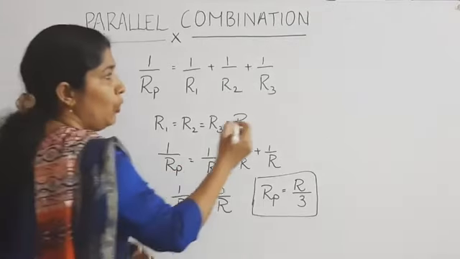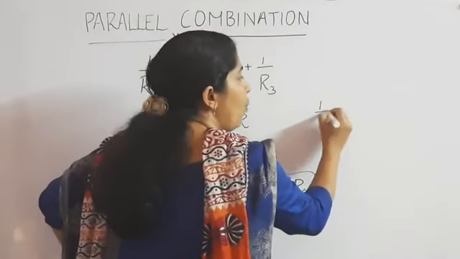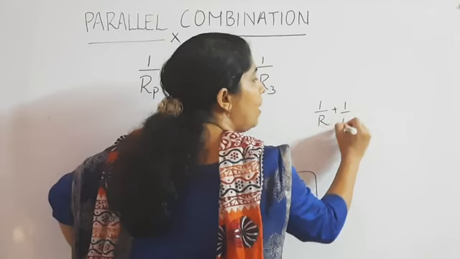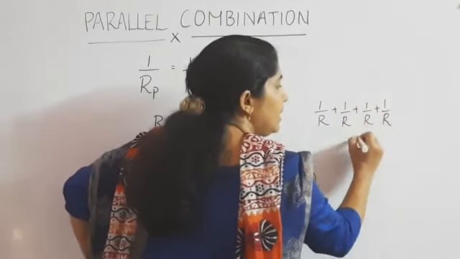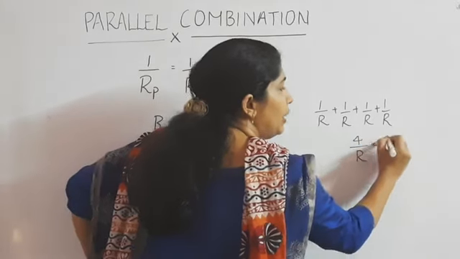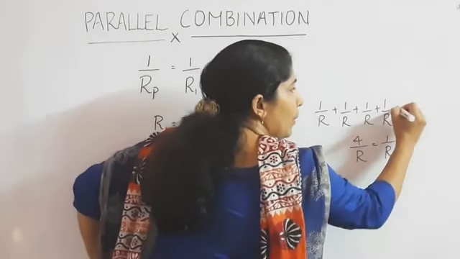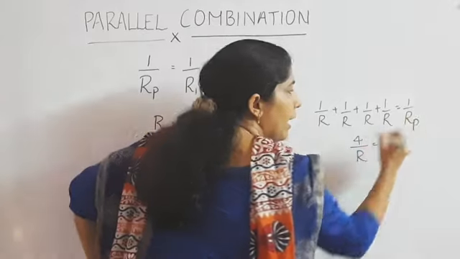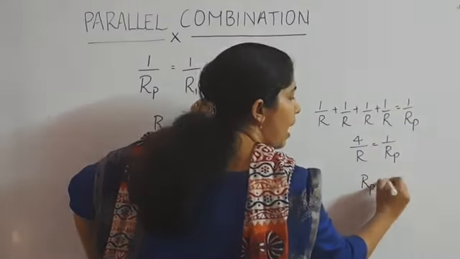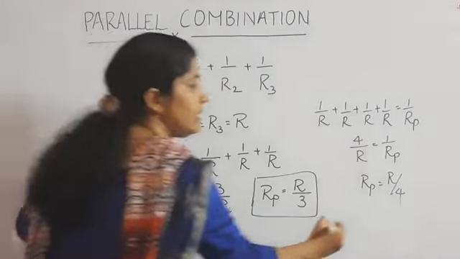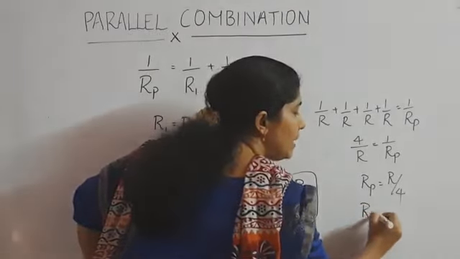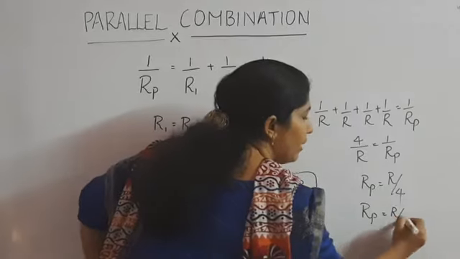If there are 4 resistors, what about its value? 1 by R plus 1 by R plus 1 by R plus 1 by R, that is 4 by R. 4 by R is equal to 1 by RP. Then RP is equal to R divided by 4. If there are 5 resistors, RP is equal to R divided by 5.